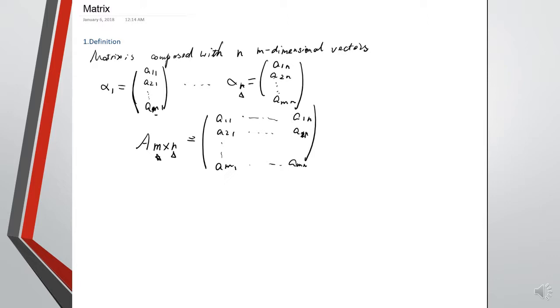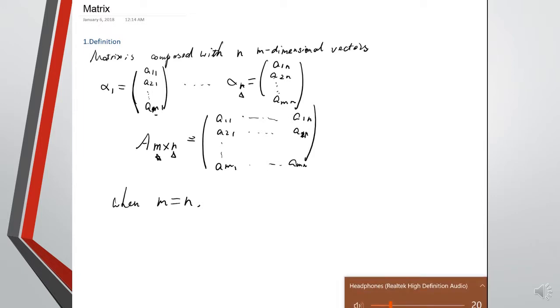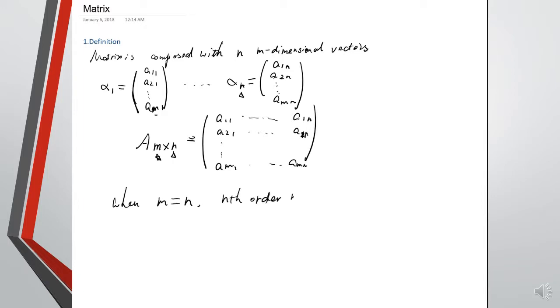Okay, so we say that m and n are not necessarily the same. However, when m equals n, we call the matrix an nth order matrix.